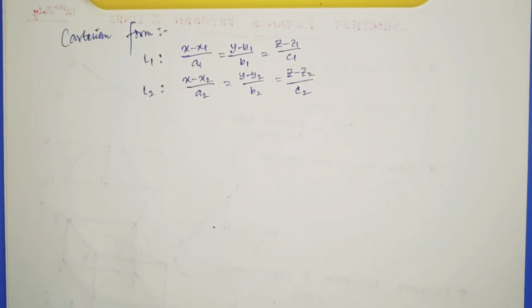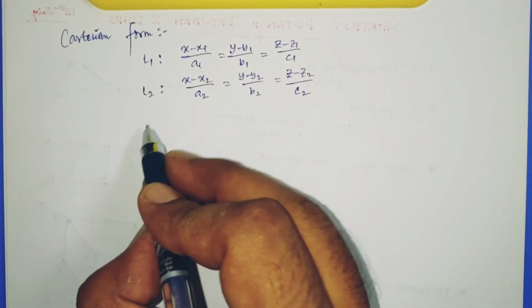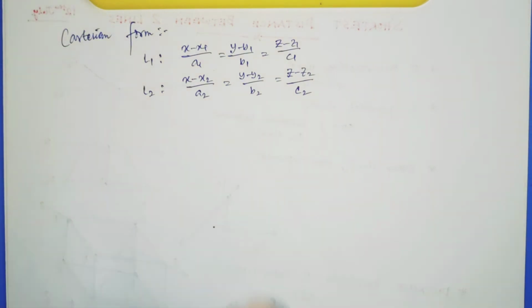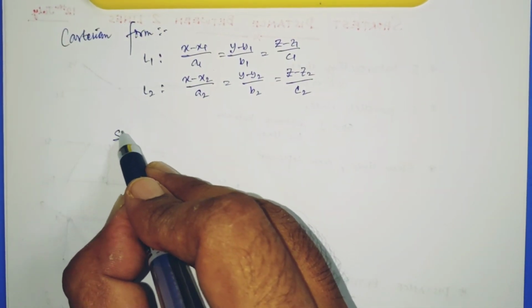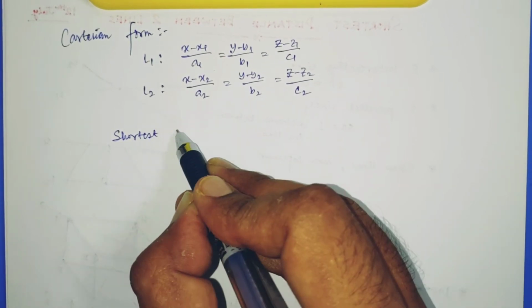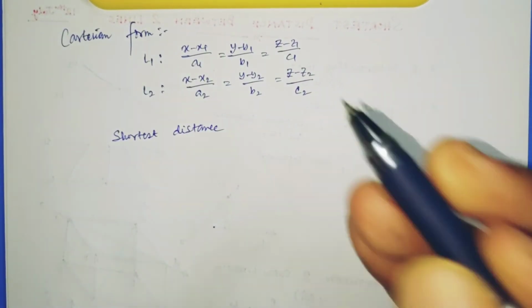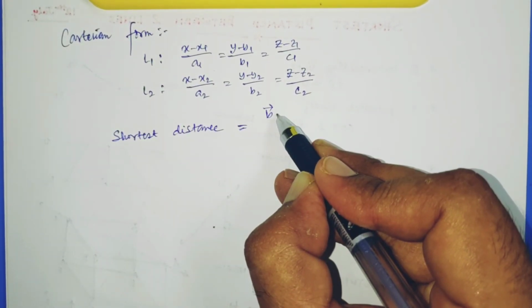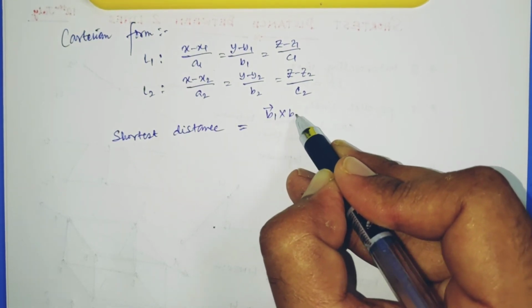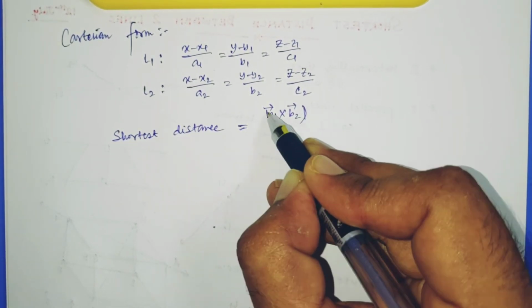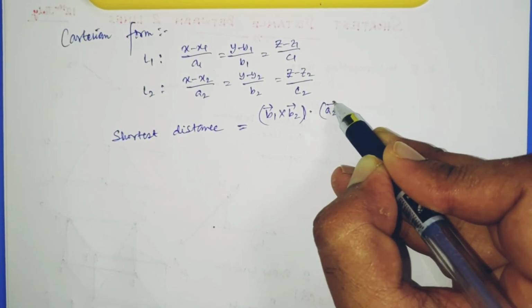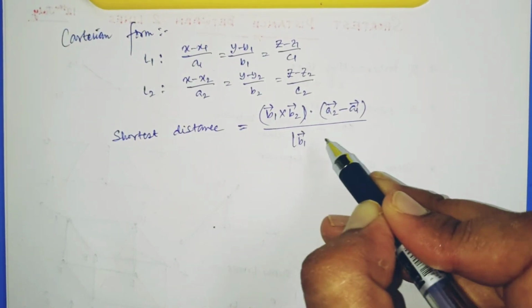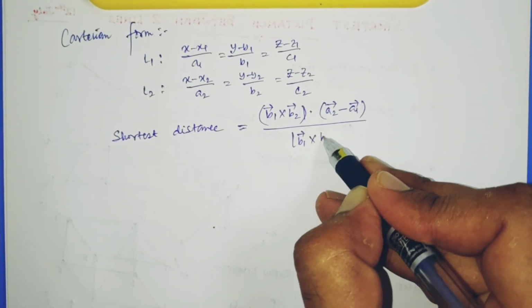Am I clear? Now, what was the shortest distance formula? We haven't written it yet, so let's write it. The shortest distance is equal to B1 cross B2 dot (A2 vector minus A1 vector) divided by the magnitude of B1 cross B2.